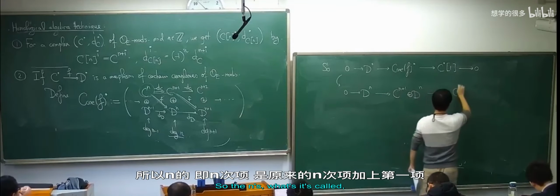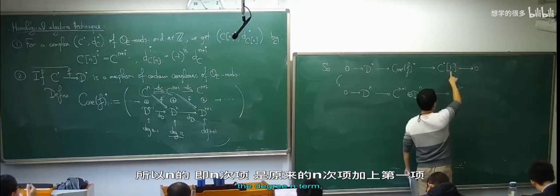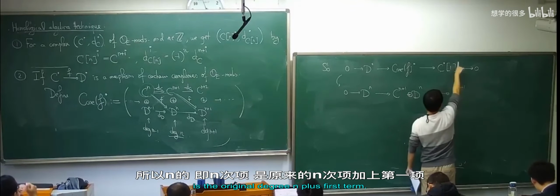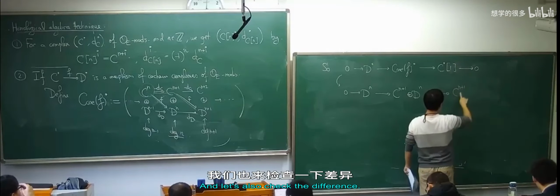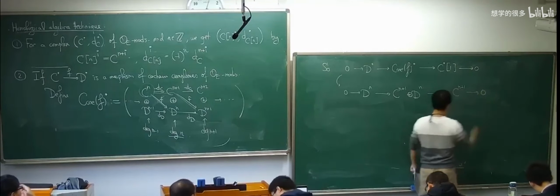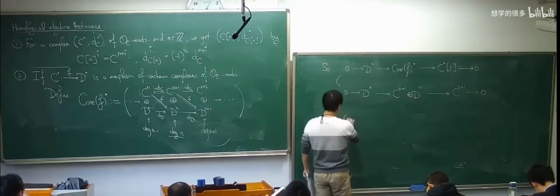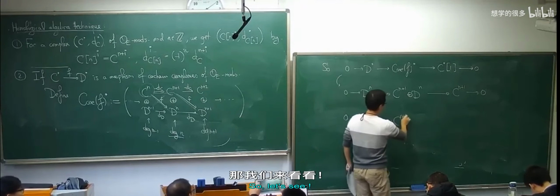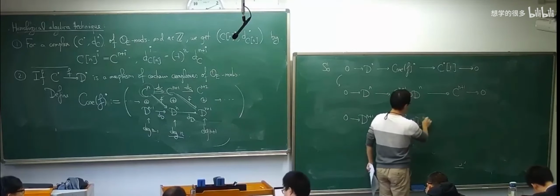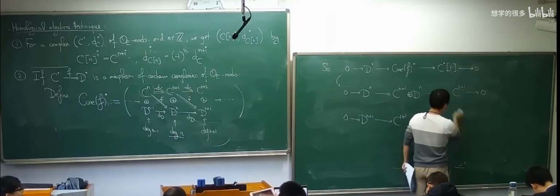So the degree n term is the original degree n plus first term. And let's also check the differentials. So let's see. C_{n+2}. Okay. Remember that.